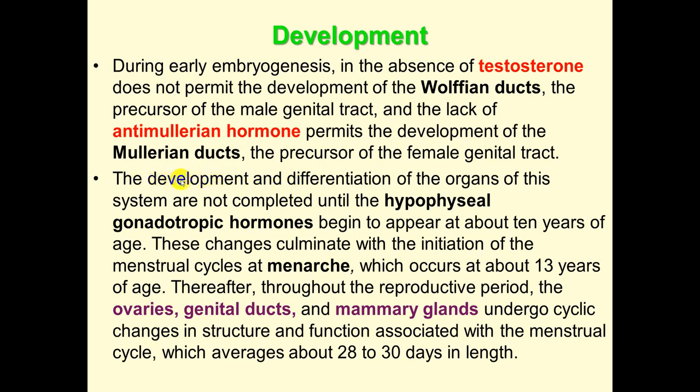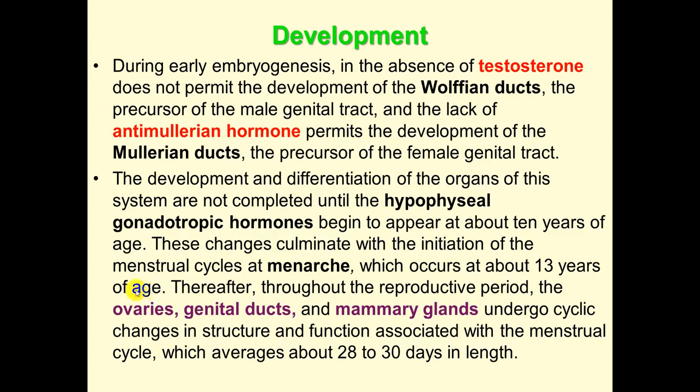The development and differentiation of the organs of the female reproductive system are not completed until the hypophyseal gonadotropic hormones begin to appear at about 10 years of age. These changes culminate with the initiation of the menstrual cycle at menarche, which occurs at about 13 years of age.